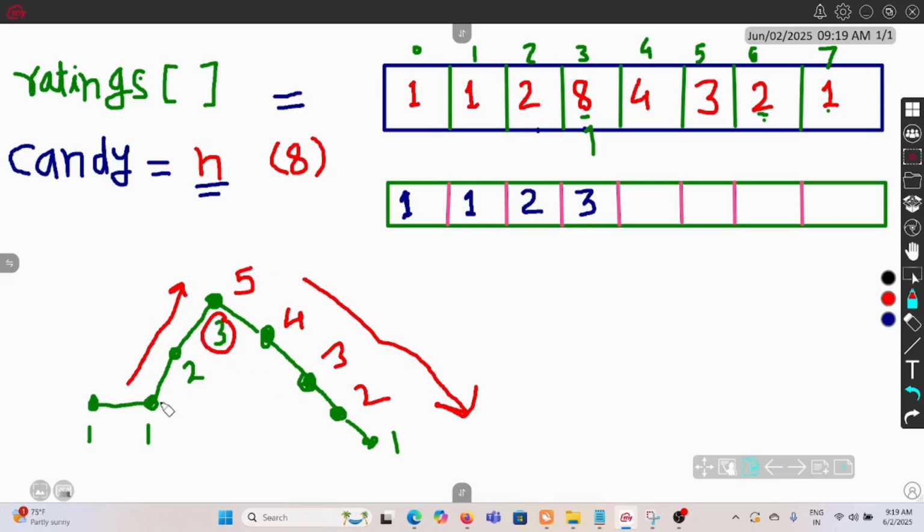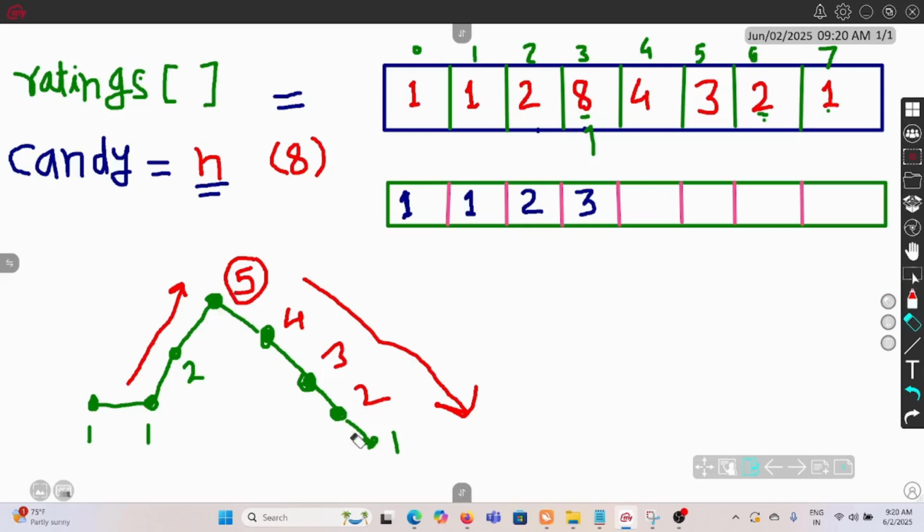Here the peak was after 3 points, 1 2 3, and we got the bottom after having 5 points. Whoever is the maximum, we have to pick that value. So if we replace this 3 with 5, then everyone is satisfied.